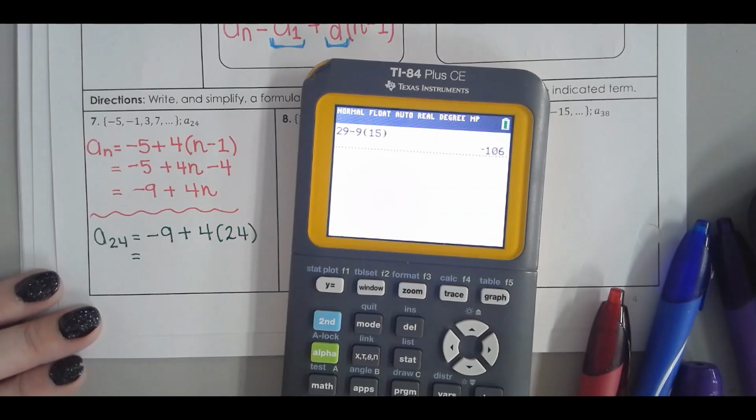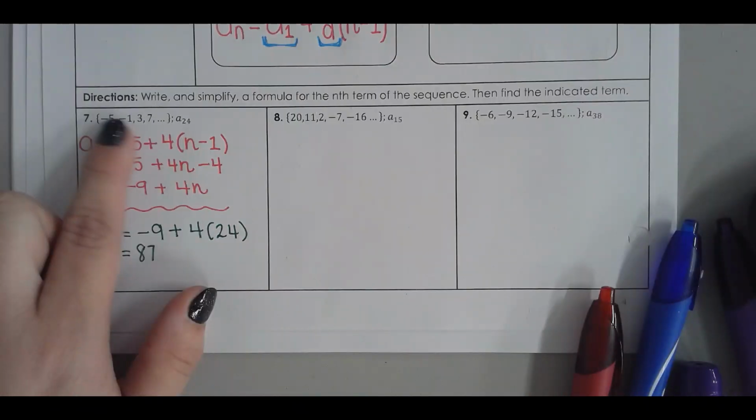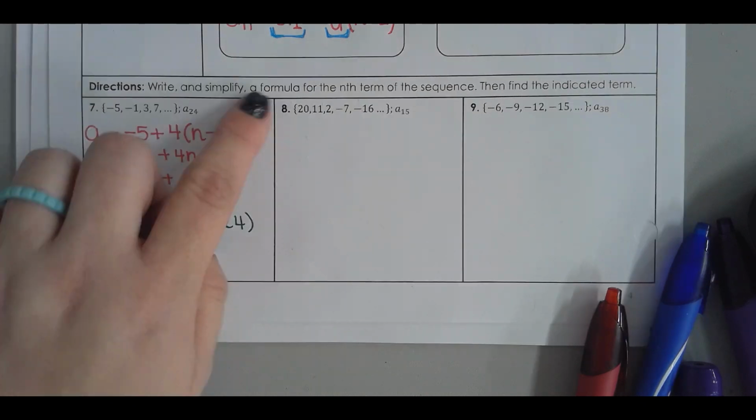And you can just type that in here. 87. That is 87. If I did this a whole bunch of times, I would get 87.